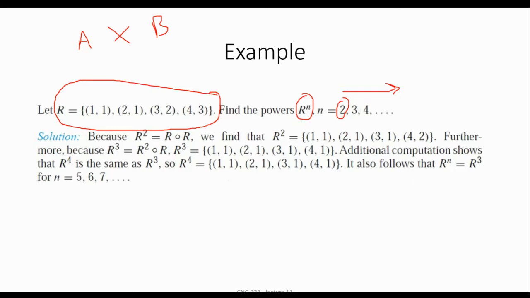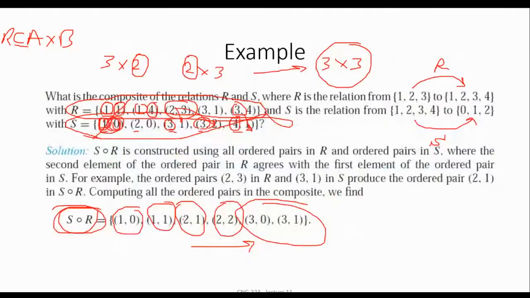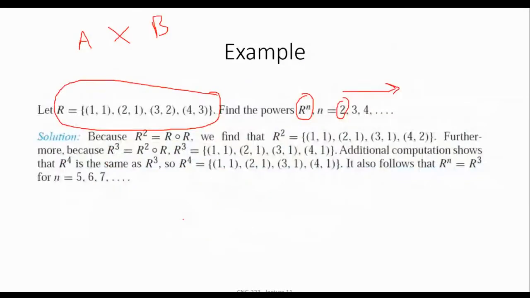For example, for R2, if I apply the same composition rules as we did for this example, it means that you can write another set of R: 1,1; 2,1; 3,2; and 4,2; 4,3.